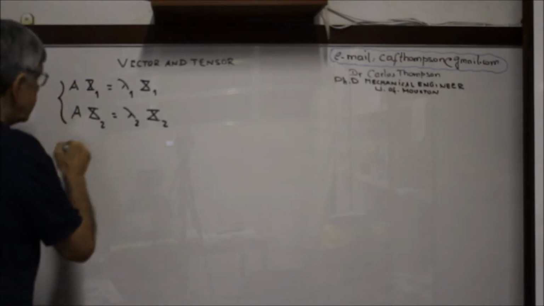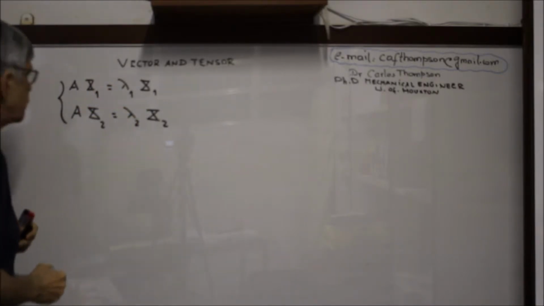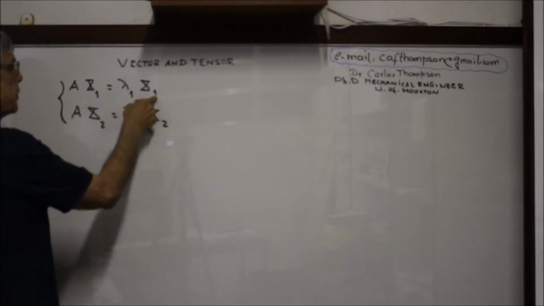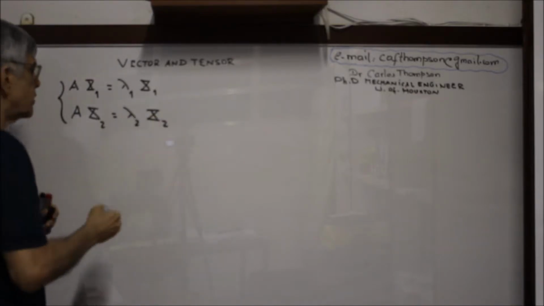We solved and got x1 and x2, lambda 1 and lambda 2. Now, A x1 equals lambda 1 x1, and A x2 equals lambda 2 x2.